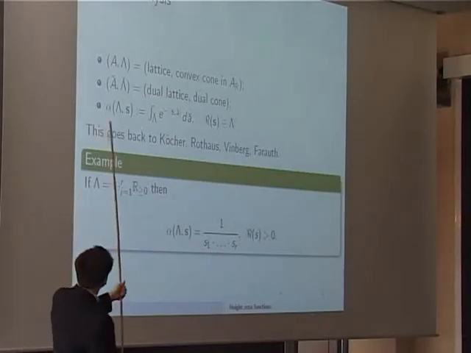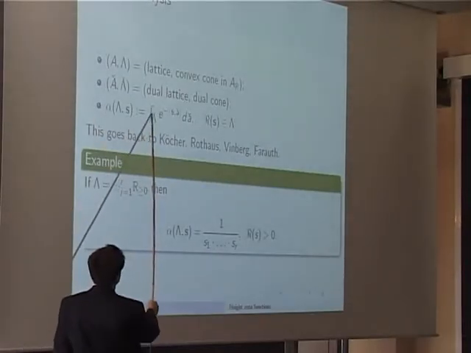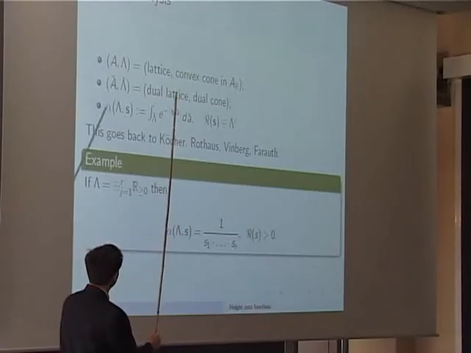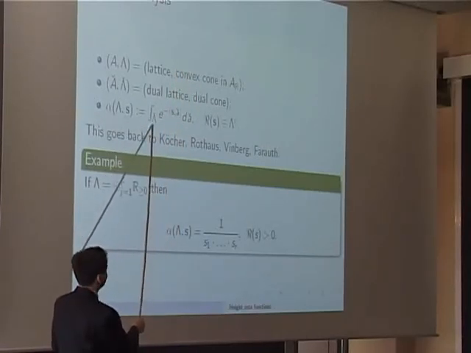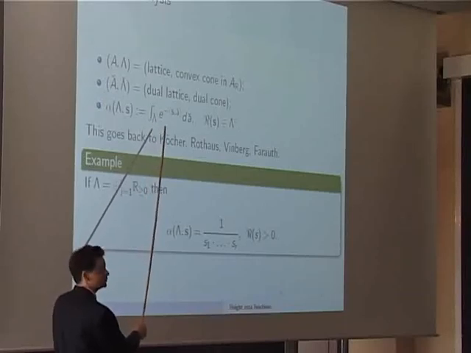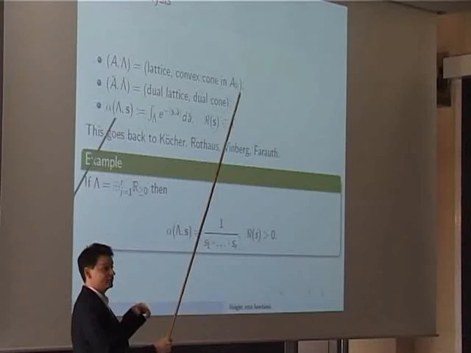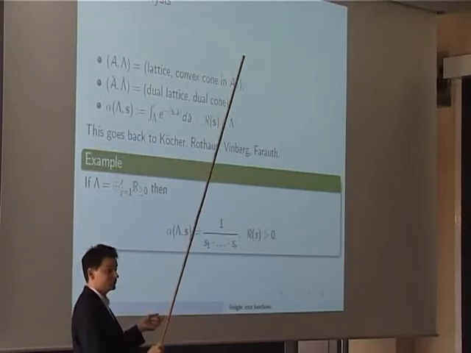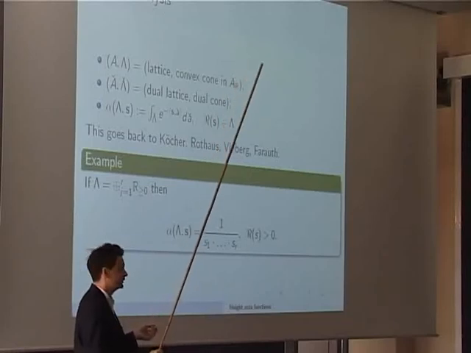So it's an integral over the dual cone. Now, if you start with a polyhedral cone, the dual cone is again a finitely generated polyhedral cone, and then you just triangulate. So you subdivide your polyhedral cone into simplicial subcones. You can do that; there are many ways of doing it.